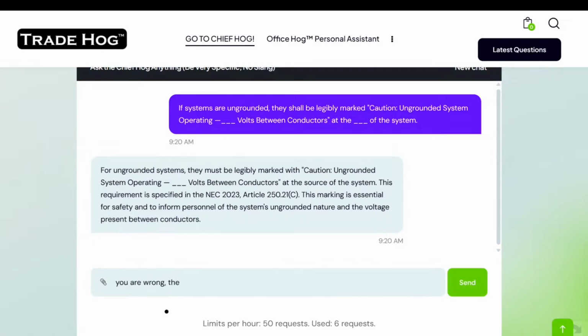The answer should be source and first disconnecting means, as given in 250.21(C), as you referenced.